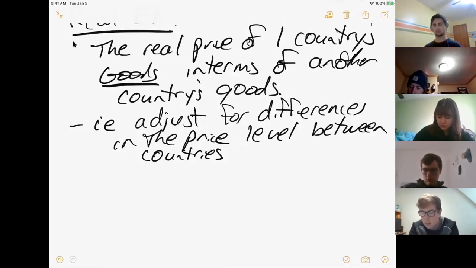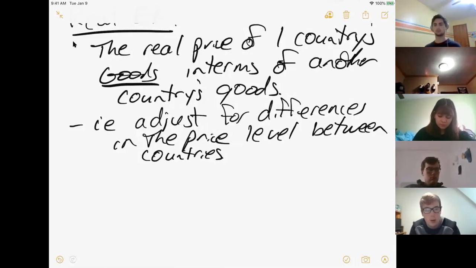If you remember, the second day of class, we talked about adjusting for GDP across countries. If you want to compare GDP across countries, how exactly do you have to do it? We talked about adjusting for differences in population, because obviously a big country in terms of population is going to have a much different GDP than a small country.